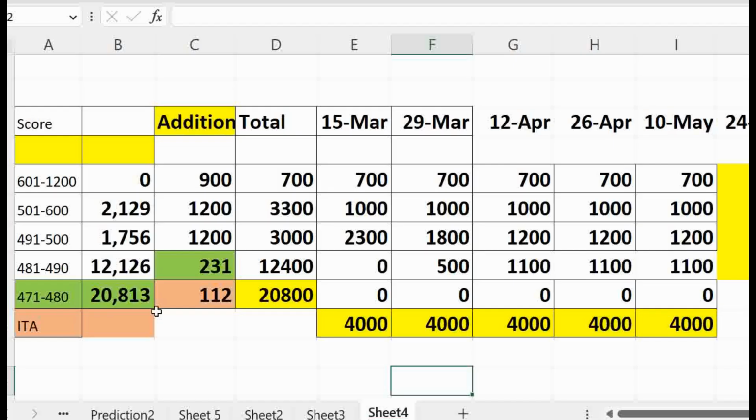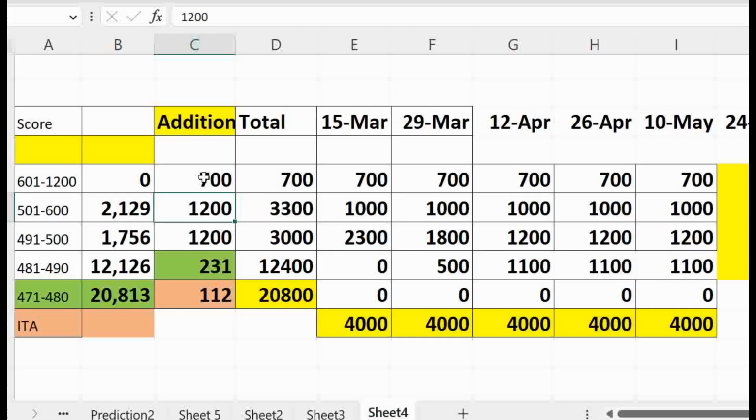So here we have to make certain assumptions. All our calculations will be based on certain assumptions, and these assumptions are based on the previous draws' averages. First is the number of additions which will occur in a particular time frame, that is in a fortnight.